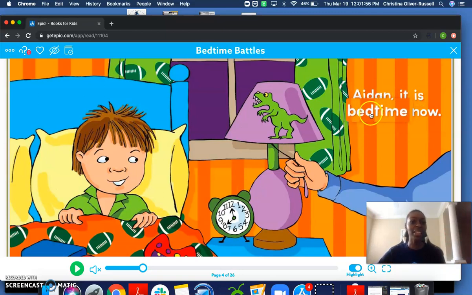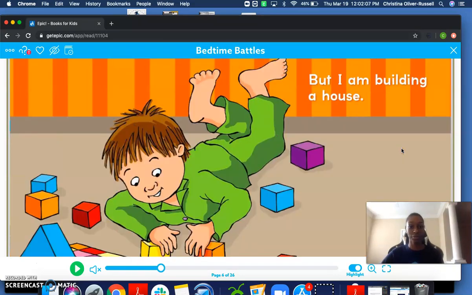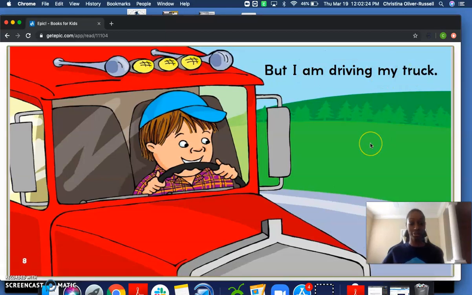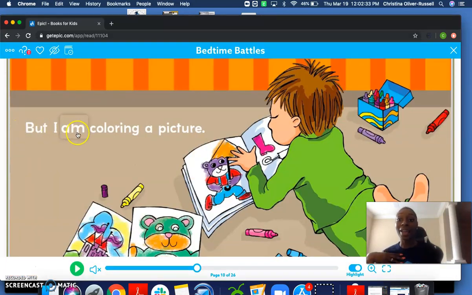Aiden, it is time. Aiden, it is bedtime now. Your turn. But I am building a house. Your turn. But I am driving my truck. Your turn. But I am coloring a picture. Your turn.